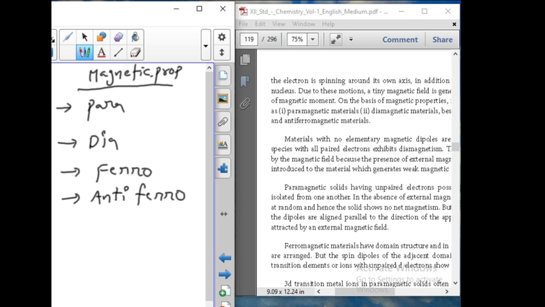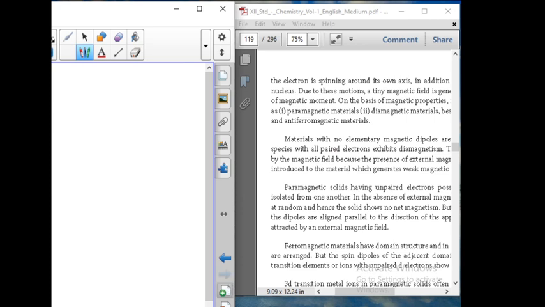First we can look at diamagnetic. The name itself: dia means two electrons will be there. These are metals with no elementary magnetic dipole, in other words, species with all paired electrons.